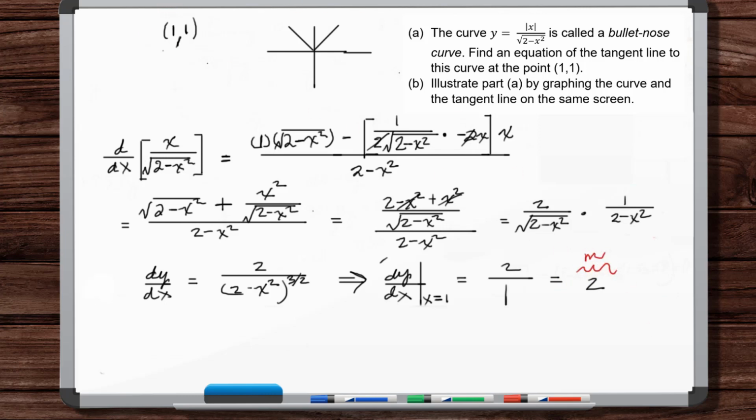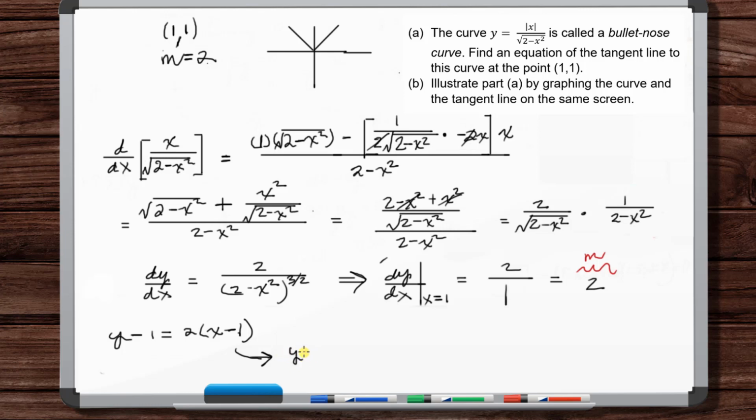So m is equal to 2. Okay, so now just algebra. We have a point and a slope. How do we write the equation of a line if we have a point and a slope? y minus y1 equals m times (x minus x1). Now just distribute and put it into y equals mx plus b form.